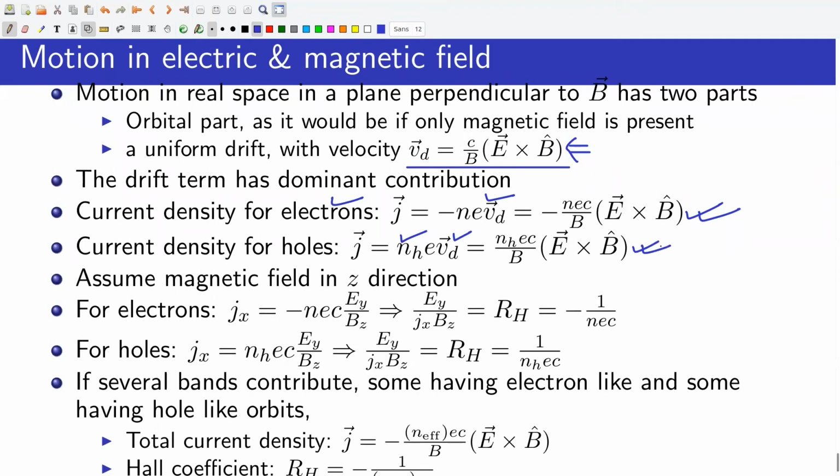Assume the magnetic field to be in Z direction. An electric field is applied in the X direction, and as a result of Lorentz force, a transverse electric field builds up in the y direction.